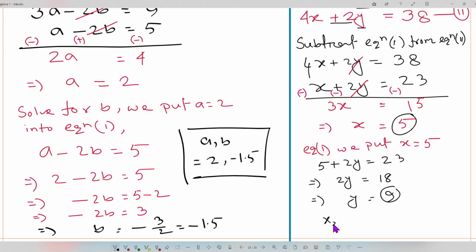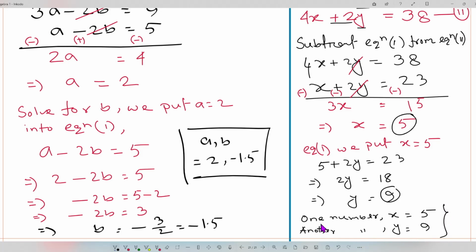So one number x equals to 5, another number y equals to 9, right?